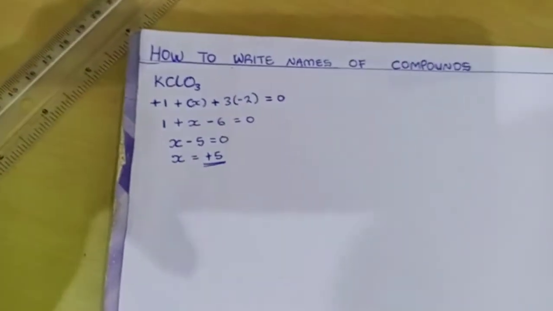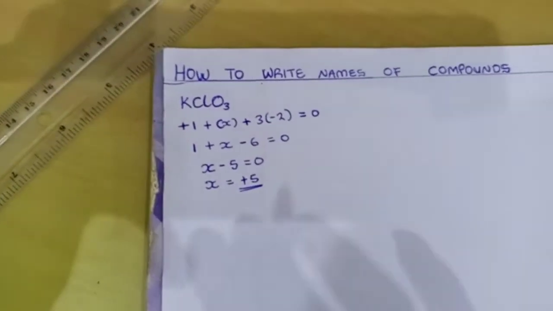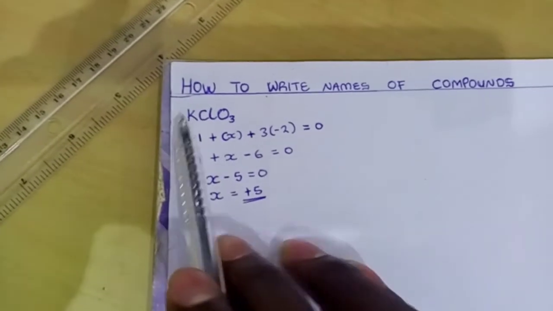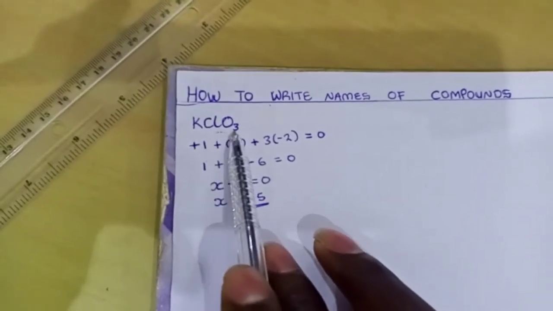So X equals plus 5. Let's get straight to the naming of this compound. When naming inorganic compounds, you name the cation first before naming the polyatomic ion.